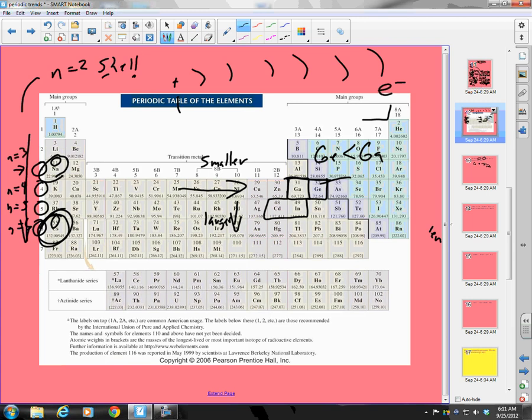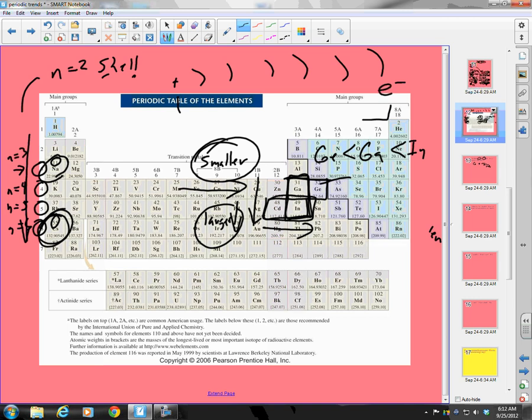Now, let's compare gallium to indium. I'm going down here, so indium is larger, which means gallium has to be less than indium. Now, what about cadmium versus indium? Once again, I'm going from left to right, so indium has to be smaller than cadmium.